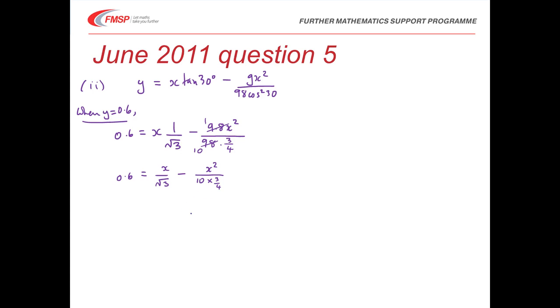Well, looking at that, I thought what I would do next is deal with that times 3/4 on the bottom, because that's the same if you're dividing by 3/4 as multiplying by 4/3. So I'm going to get x squared over 10 times 4 over 3, 4x squared over 30.